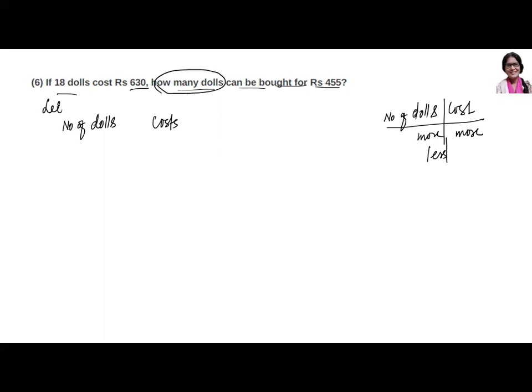So before that you have to take the number of dolls as x. Let the number of dolls we buy for rupees 455 be x. The number of dolls is 18 here and the cost is rupees 630.